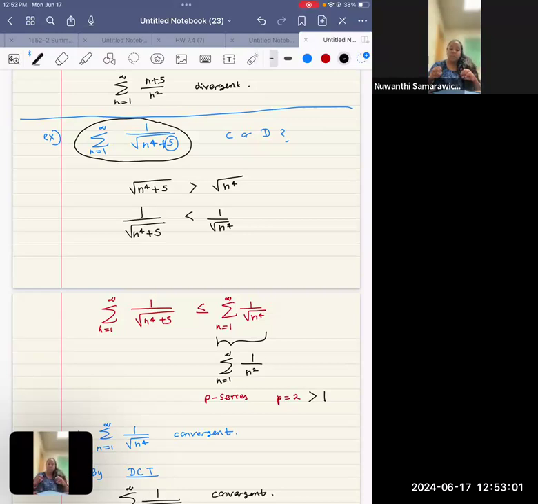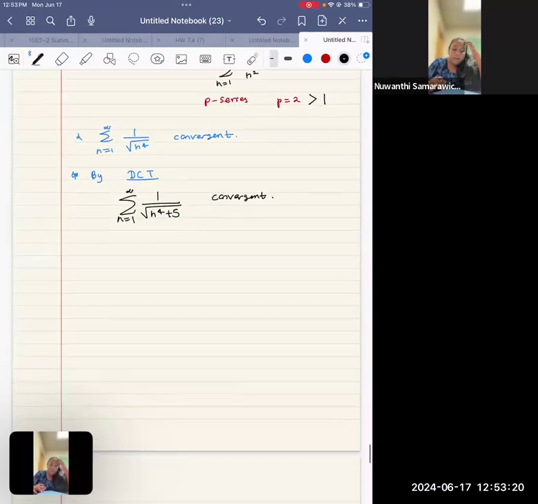So we introduce a new series that we can show is convergent or divergent by a technique we already know. It can be the P series, or the geometric series, or any other series that we learned. Okay, so the next one is called the limit comparison test.